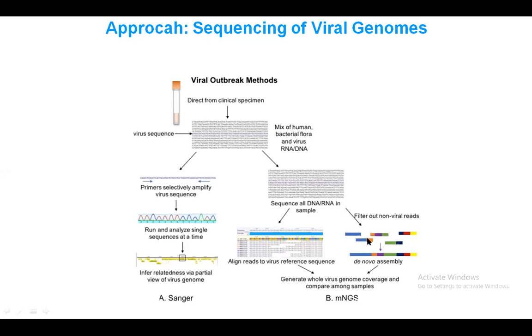After removing the adapters, you always try to find the overlapping sequence, and finally you assemble based on the overlapping sequences. This is the de novo method. Otherwise, if a reference genome is already available, you can follow that procedure. Finally you generate a whole genome sequence. I hope you understand.